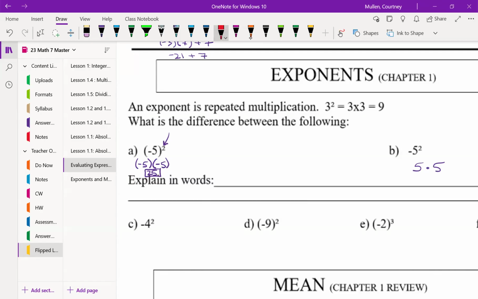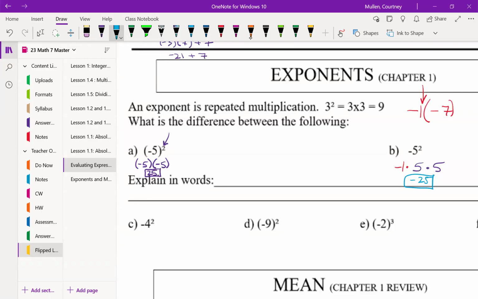Well, remember, when we learned that there was a negative sign in front of parentheses, we knew that that was a -1. And that's the exact same idea here. So this negative sign is really telling you to multiply that product of 5 and 5 times -1 to give you a final product of -25.